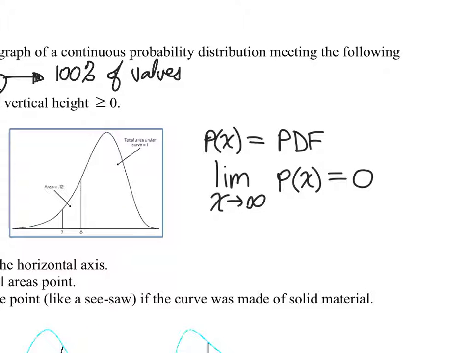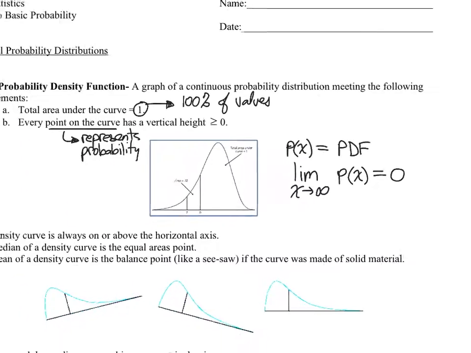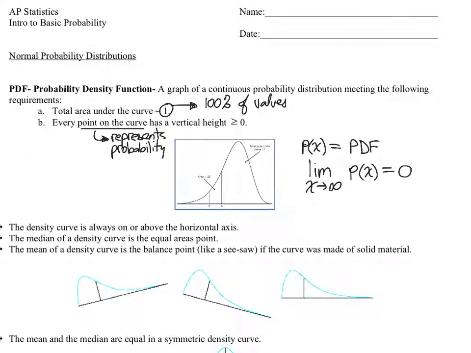All right. So the vertical height greater than or equal to 0 is more of a theoretical equal to 0, right? Because you'd have to get out to an x value of infinity in order for it to actually be on 0. That's how we represent a function, because without involving a piecewise, how could you come up with a single equation that would be a curve and then actually go completely horizontal?